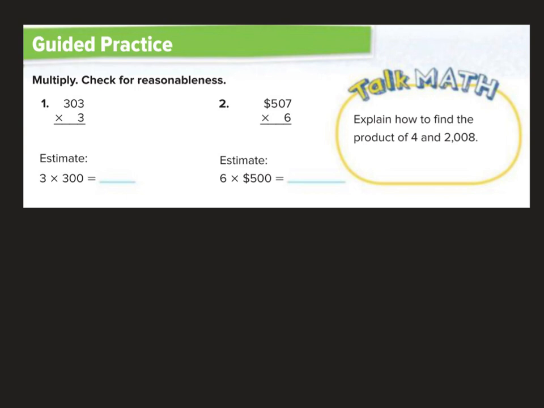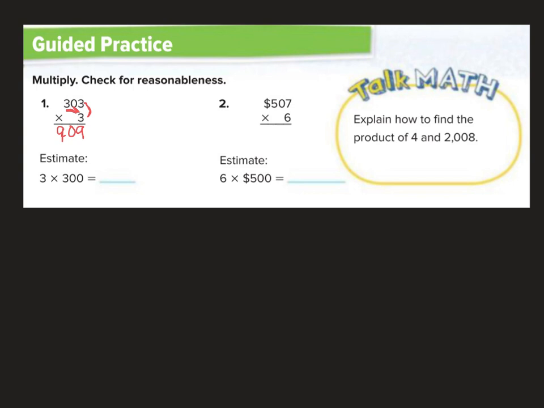Okay, here it says we need to multiply and check for reasonableness. So let's do that. 3 times 3 is 9. 3 times 0 is 0. 3 times 3 is 9. So we get a product of 909.